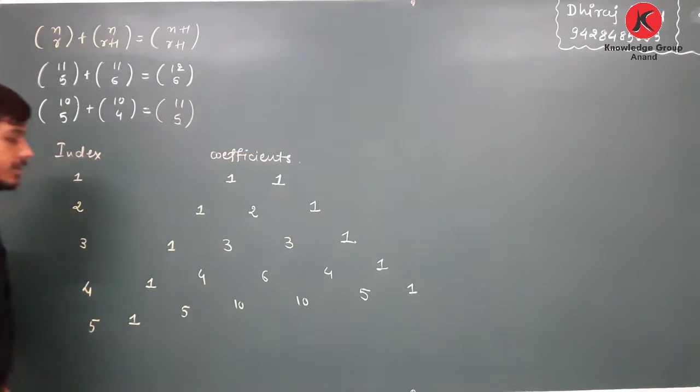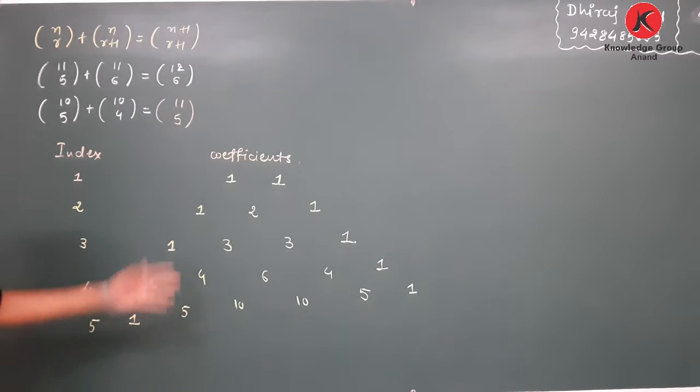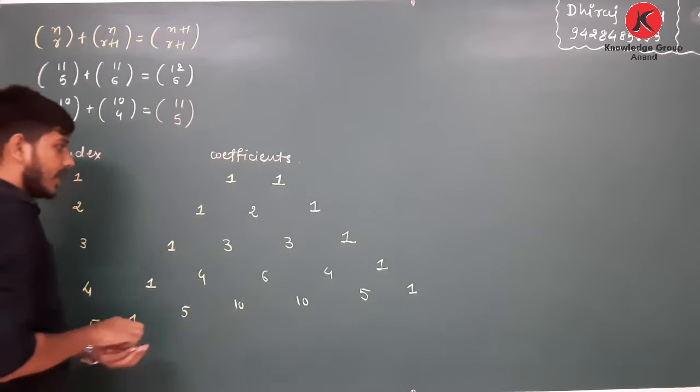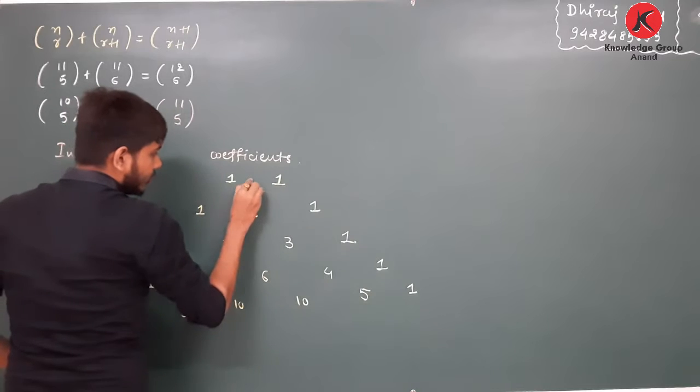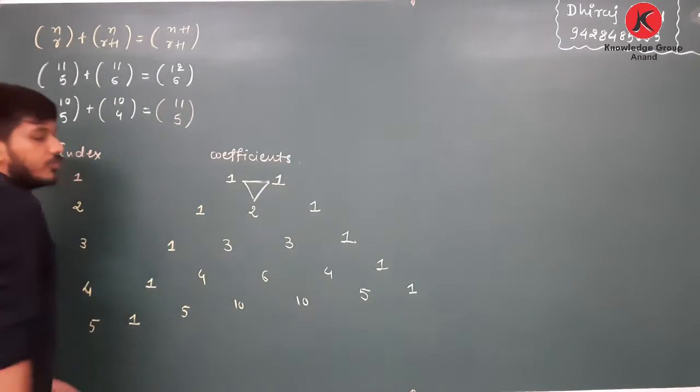So these are the index and coefficients. How can we obtain these coefficients? We know that this is the triangle. We have to add these two terms, then we can obtain the coefficients.